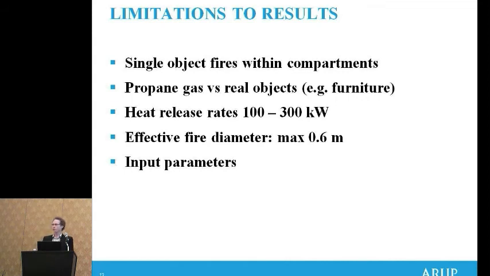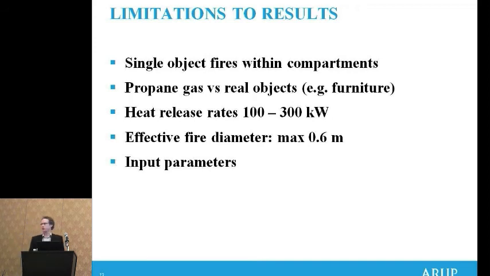The effective diameter of the flames that I was using was a maximum of 0.6 metres. Some of the models have been correlated against much larger fuel sources. However, on the scale of compartment fires, it's not too bad. It's within an order of magnitude of what we'd expect.